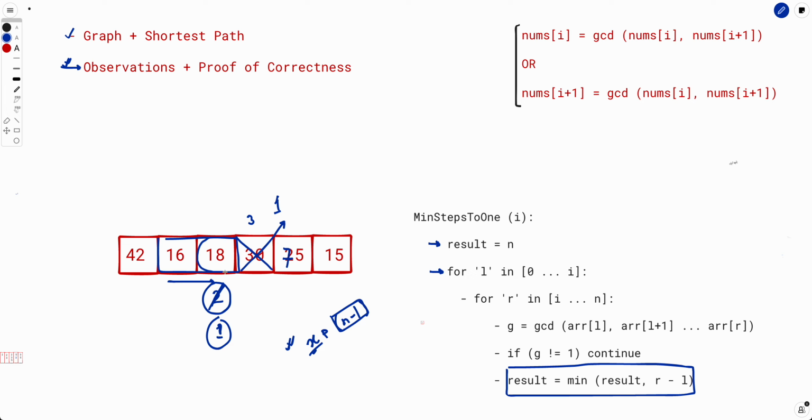Now if this value is equal to 1, it means that the number of operations required to convert 18 to 1 is smaller than the number of operations required to convert 30 to 1. And if that's the case, we will be converting 18 instead of 30, right?